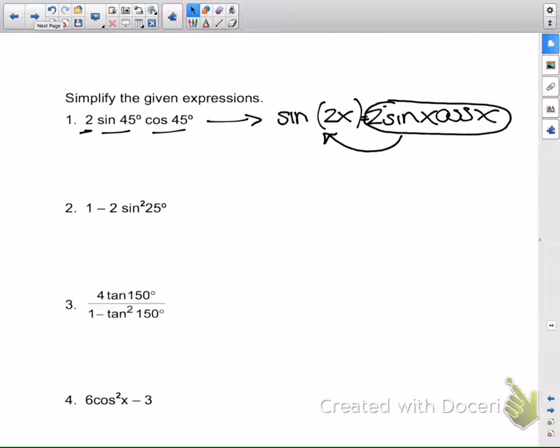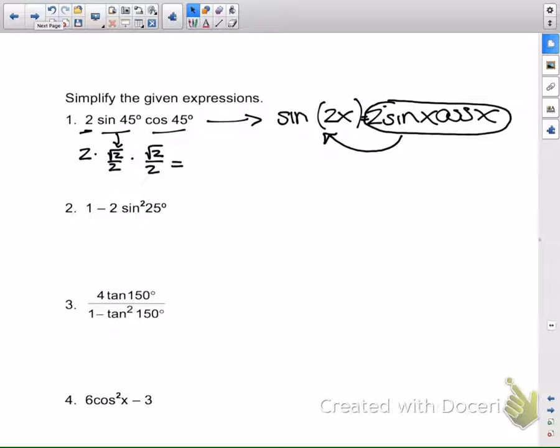Okay? Now, that doesn't mean that you couldn't do something with what we have right here, right? This is a problem that I could have done on my own before I even had the identities. I could have said, well, 2 multiplied by, what's the sine of 45? Root 2 over 2. Cosine at 45 is what? Root 2 over 2. I can do this problem.